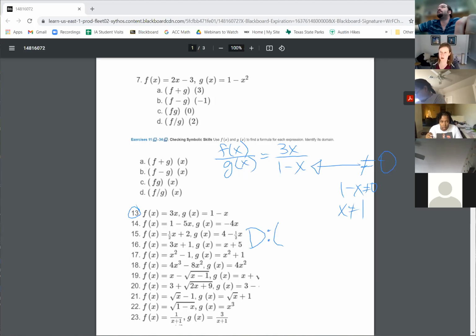Does the number line help you? You can do the number line if it helps. This side's negative infinity, this side's infinity. Here's 1. So it can be anything from negative infinity all the way to 1, and then we have to stop, and then 1 all the way to infinity. So let's try to write that out.